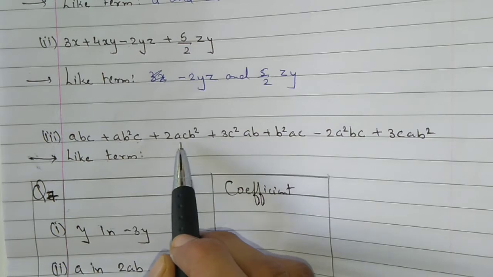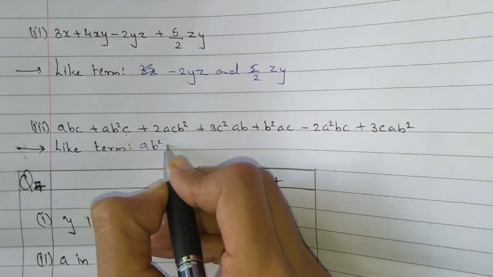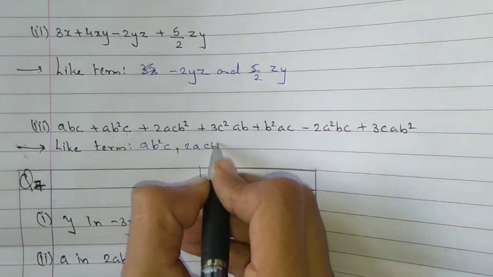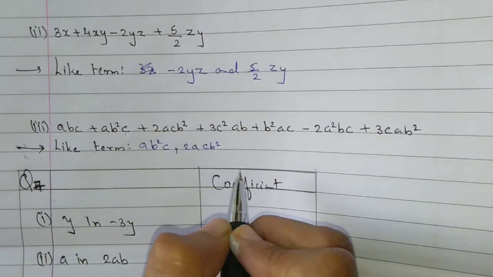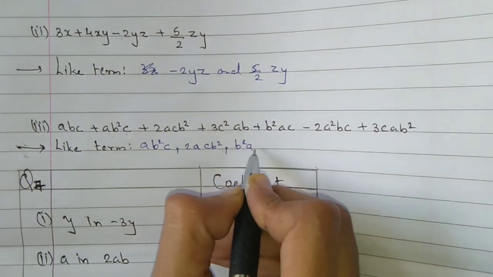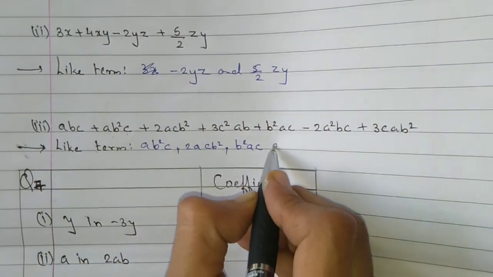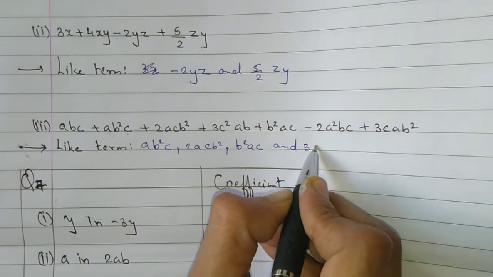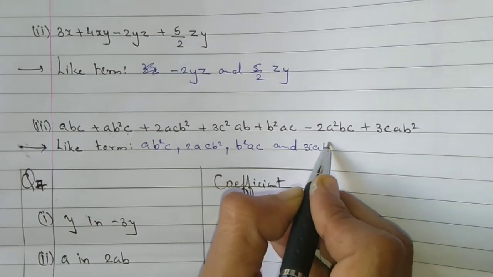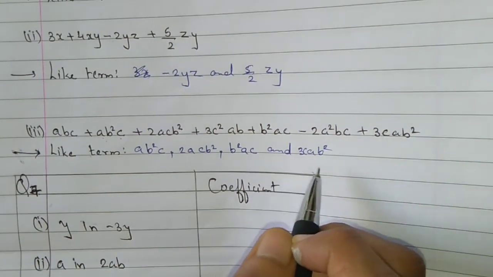So wherever b square is there, we can write this a b square c, and this one is also there, 2ac b square. Both are like terms. This one is the same, b square ac. This is also the same one, and the last one, 3c a b square. So these three are the like terms.